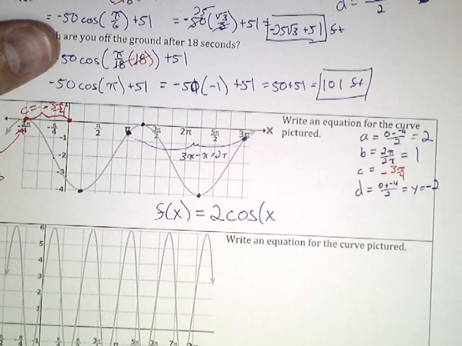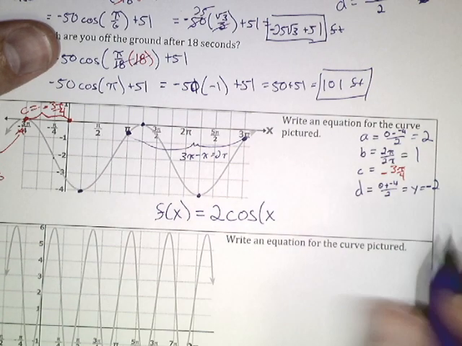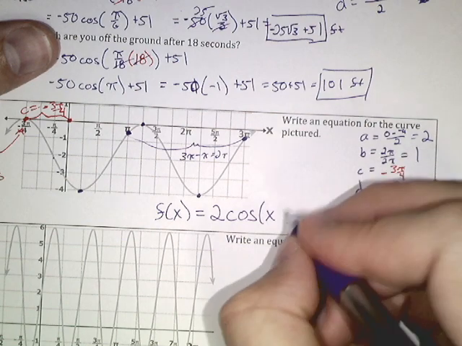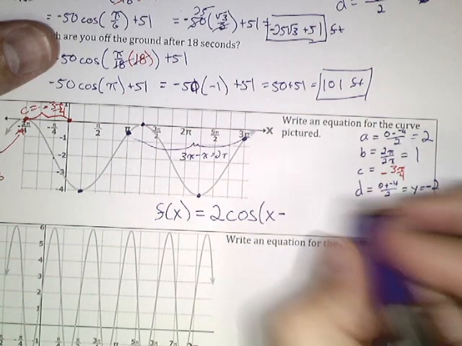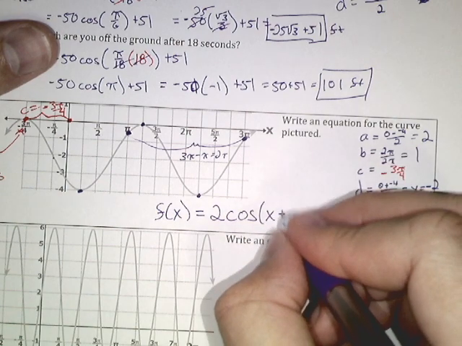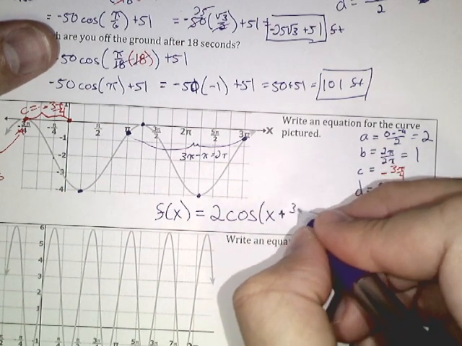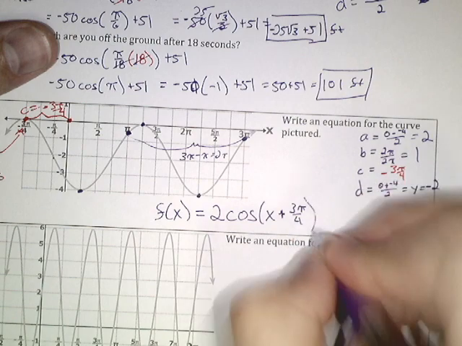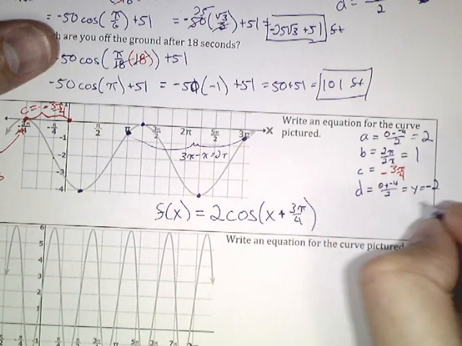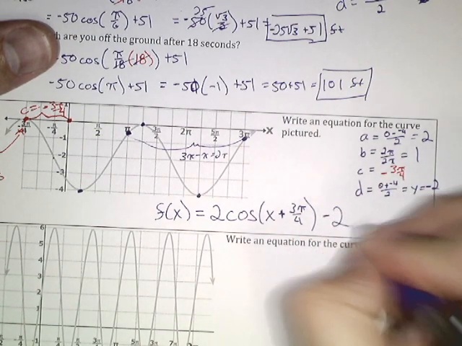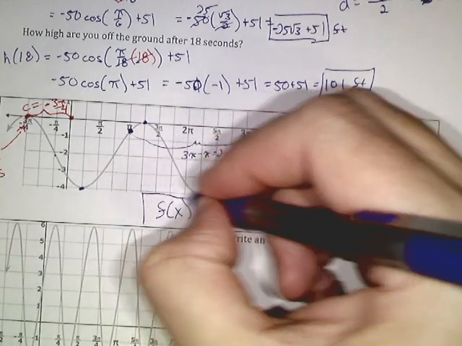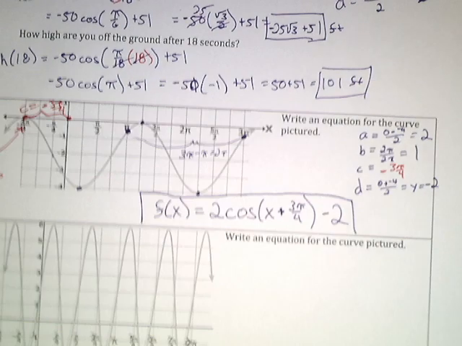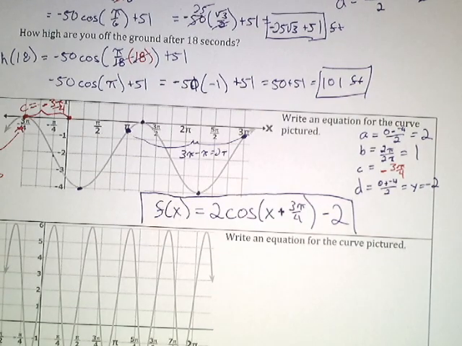So we'll have my x, or theta, or whatever you want to use. I'm using x. And we are going to do minus a -3 pi over 4. So minus a negative makes that a positive 3 pi over 4. And then my D is -2, so bam, -2. There's my equation.